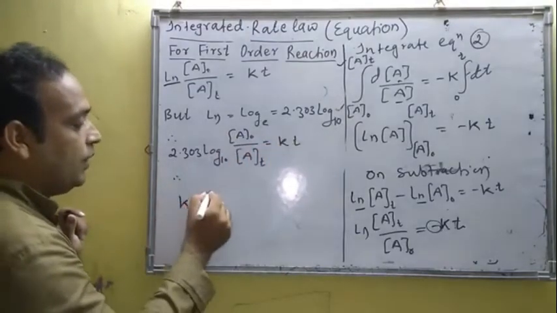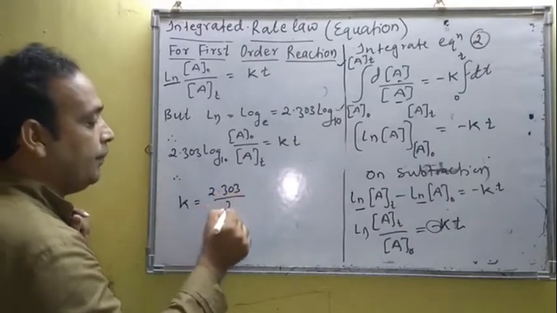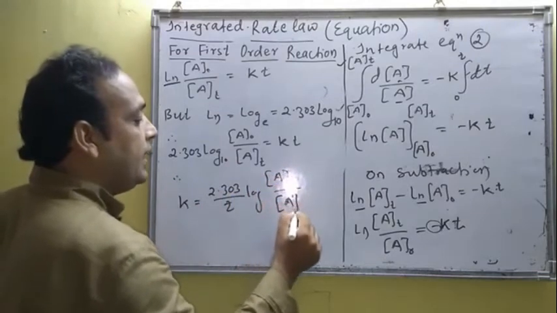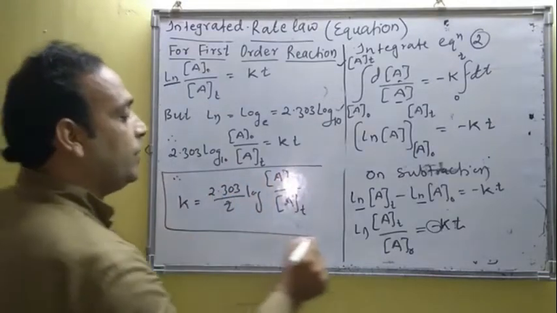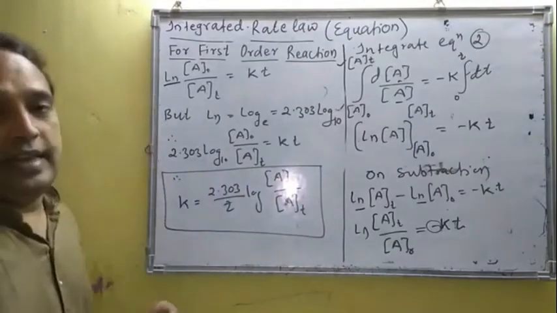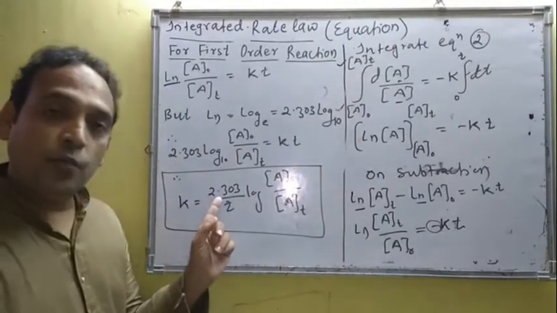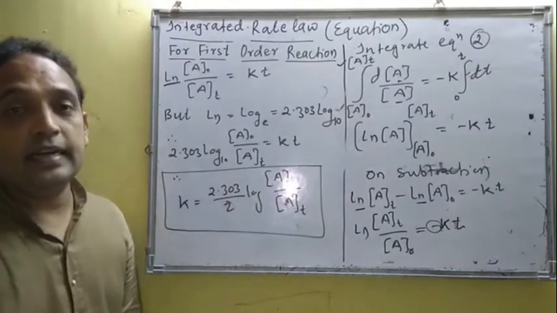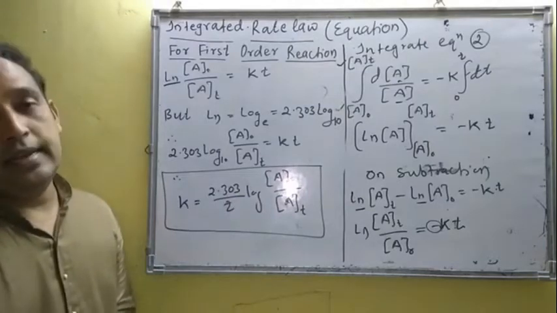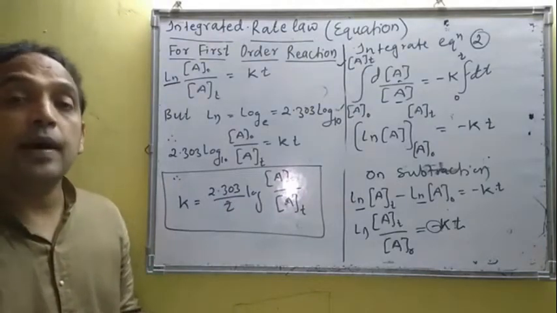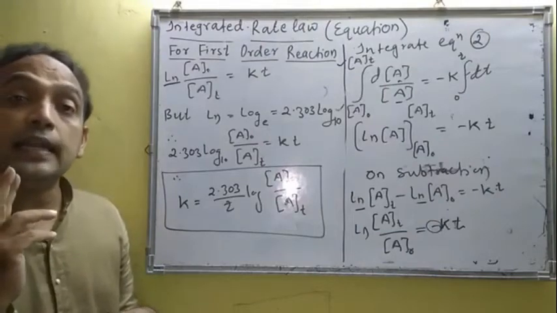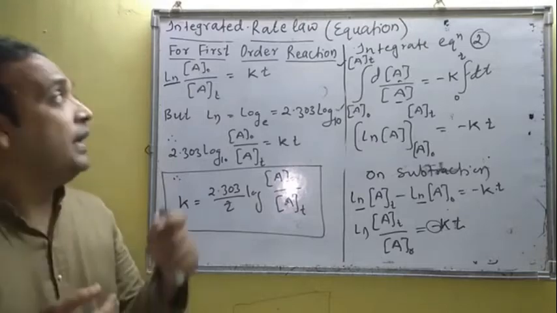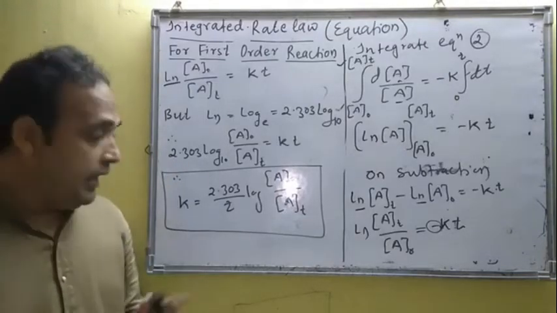Therefore K is equal to 2.303 upon t log of A0 by At, and this is the integrated rate equation for a first order reaction. The expression obtained by integrating the differential rate law, which gives the relation between the concentration of reactant and time, is called the integrated rate law equation.